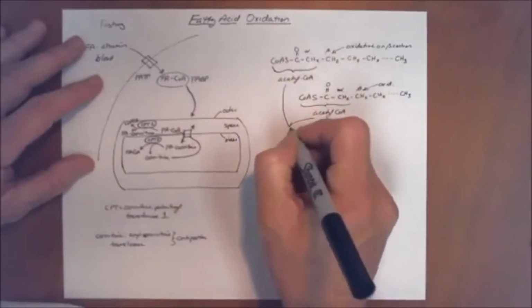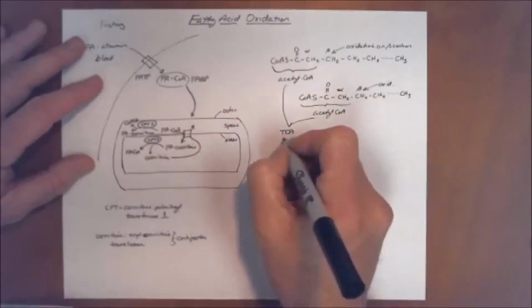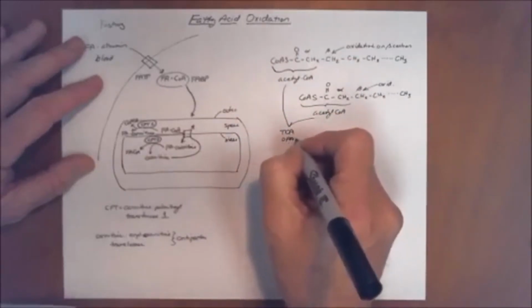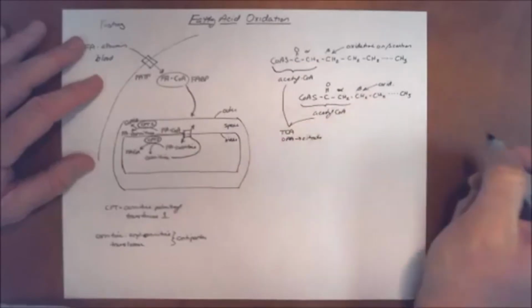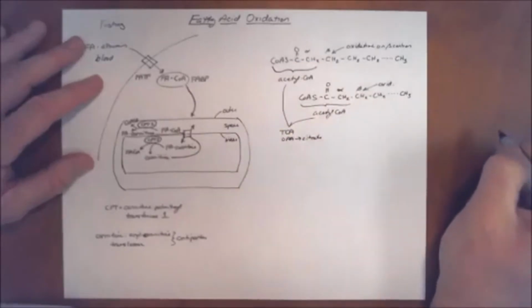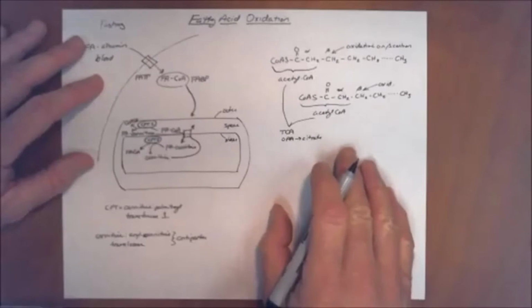So this carbon was the beta carbon before we performed our series of 4 reactions to release the acetyl-CoA, and now this becomes the new alpha and new beta carbon, and now we perform oxidative reactions again on here to release the next 2 carbons as acetyl-CoA.